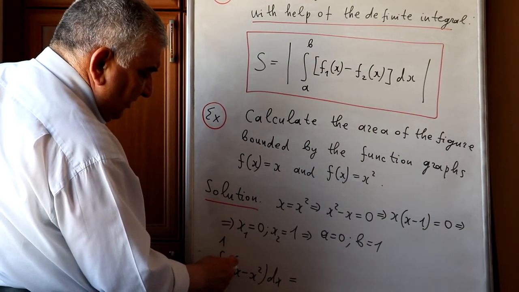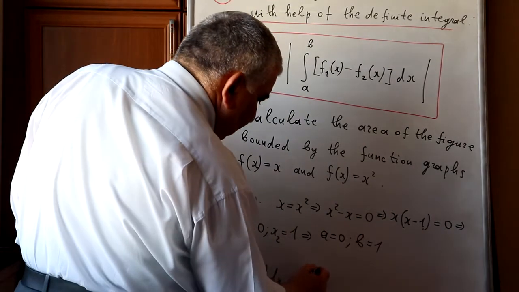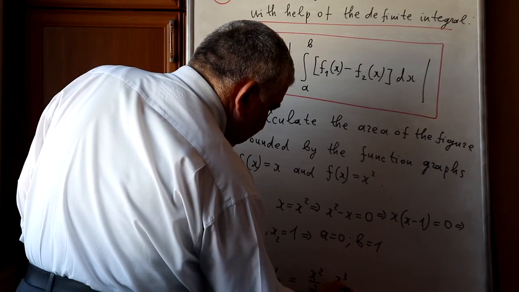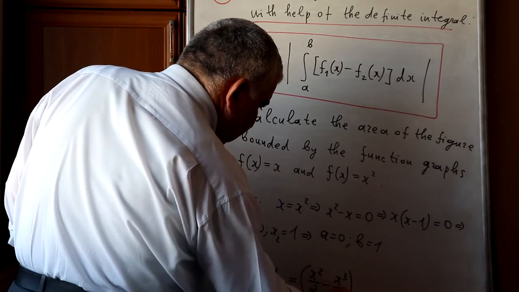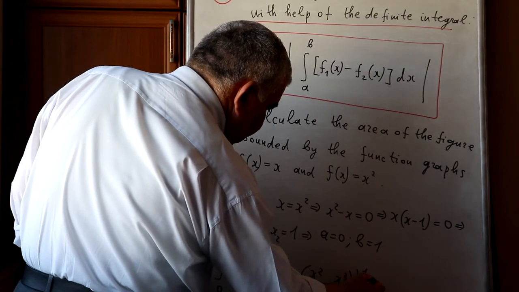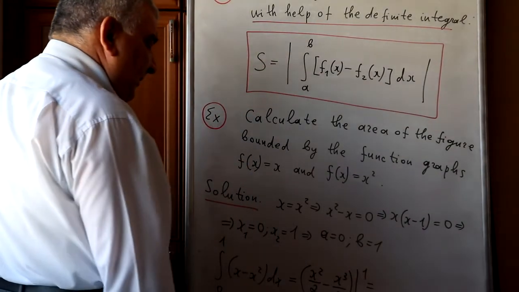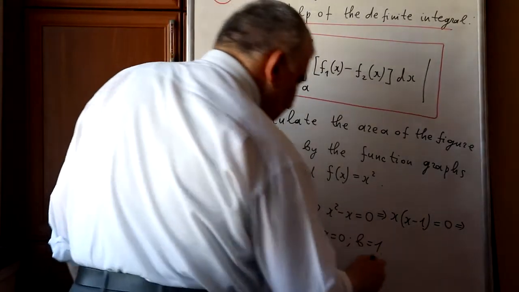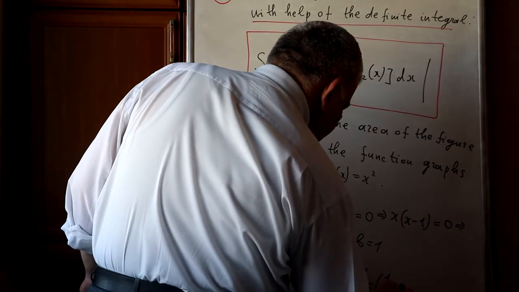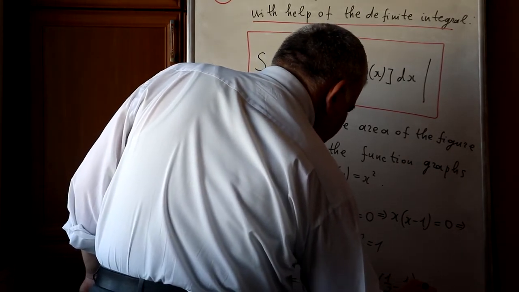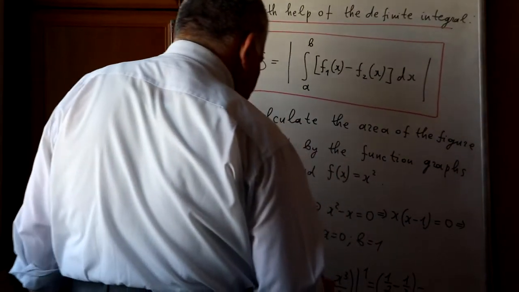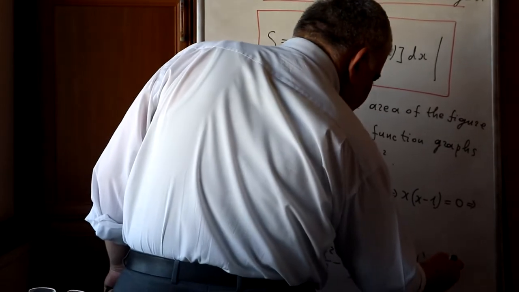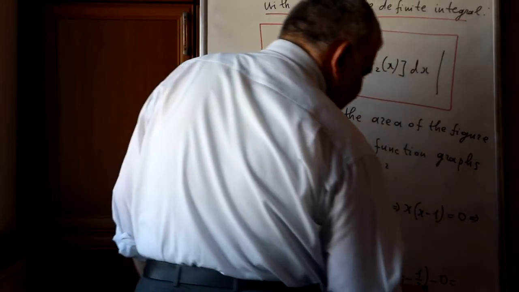It is x squared in half minus x cubed in thirds, and add the double substitution from 0 to 1. First substitute 1 instead of x, and we obtain 1 second minus 1 third, minus the substitution of 0, which gives 0. Our answer here is 1/6.